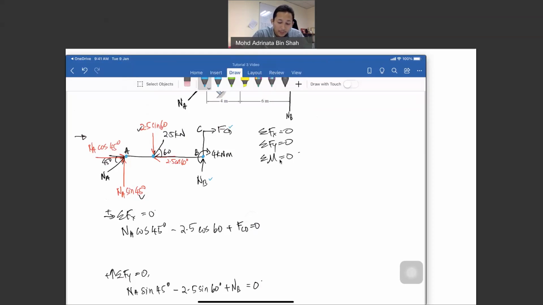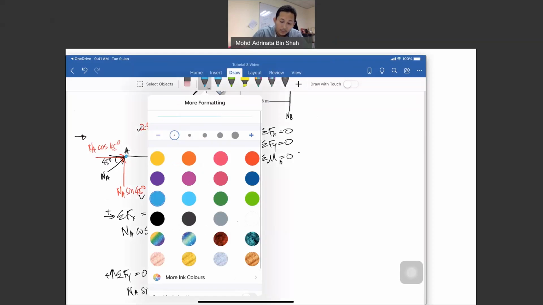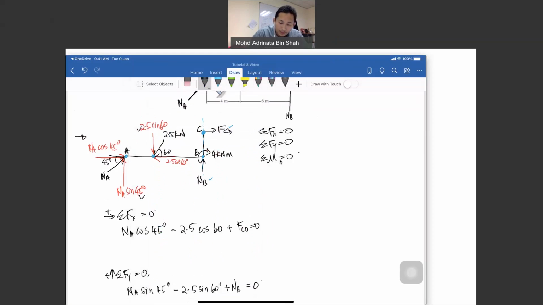And if we put at point C, we will have only one unknown, which is NA, because FCD is at the point and NB is in line with the point. So we will put our point at C.